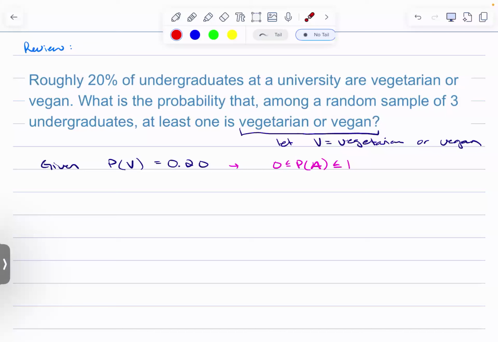So we have a random sample of 3 undergraduates. And what we want to find is the probability that at least one is vegetarian. The next thing we want to do is figure out our sample space, S, the set of possible outcomes. So I've randomly sampled 3 people, and what are my possible outcomes?